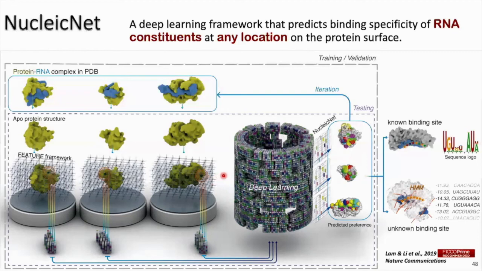On the other hand, if we want to know the high-throughput binary binding results of a specific protein against a large number of RNA, what we can do is to align each RNA against this binding preference landscape. If they can align well, that means they can interact. If they can't align well, that means they can't interact. Such checking can be quick and can be done in parallel. So essentially, our framework can provide both the interaction details and the high-throughput binary binding results.